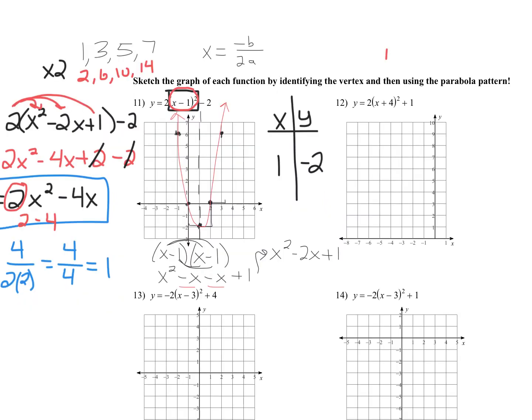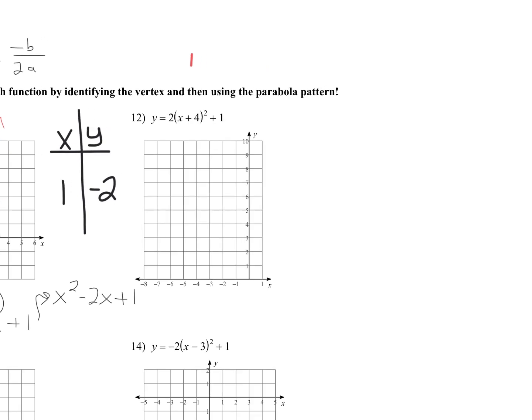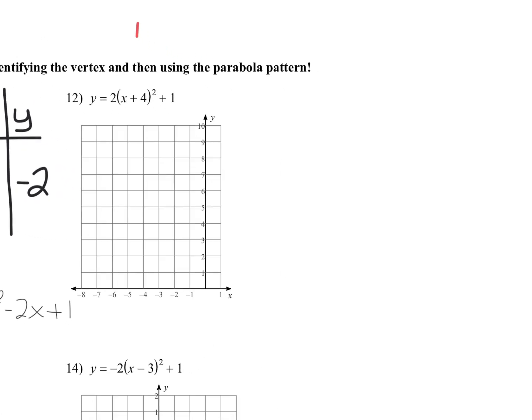What's the first thing that we need to do on number 12? Right, we need to change this right here. So we have x plus 4, and what does that squared mean? Do it again, x plus 4. So foiling it out, we get x squared plus 4x plus 4x plus 16.